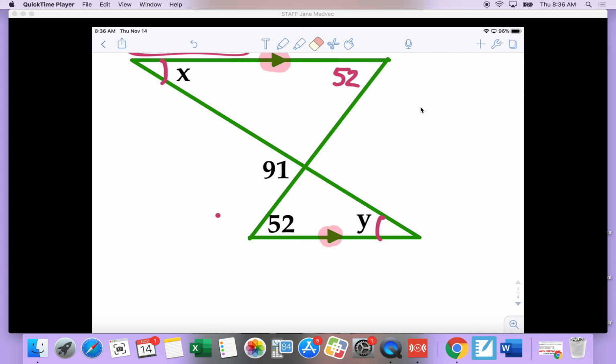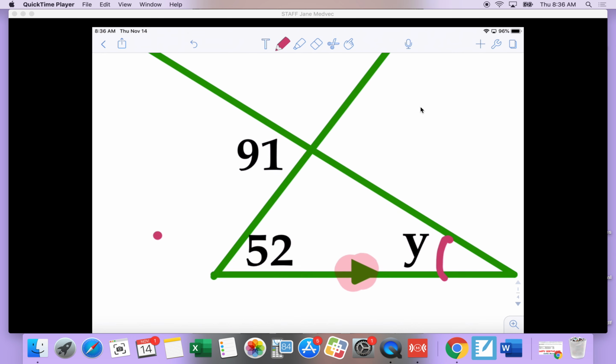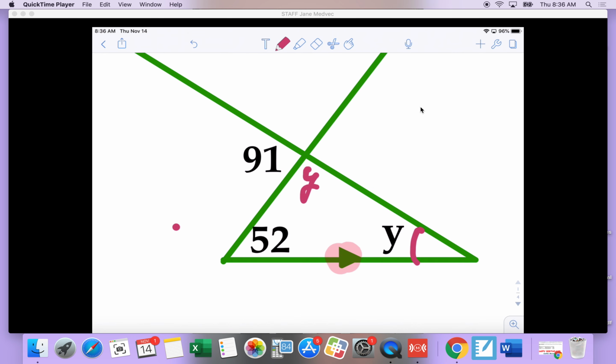The top of the bottom triangle is 89 degrees because it's supplementary with the 91. All right, very good. So he's saying I'm going to take this angle right here and that 91 degrees, and they are a linear pair. They are supplementary to each other.